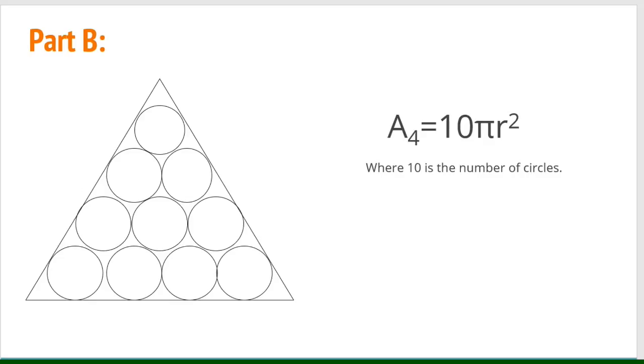Part C asks us to find a general area formula, A sub n. We can start by saying A sub n equals b times pi times r squared, where b is the total number of circles inscribed in the triangle, also known as the summation of n.